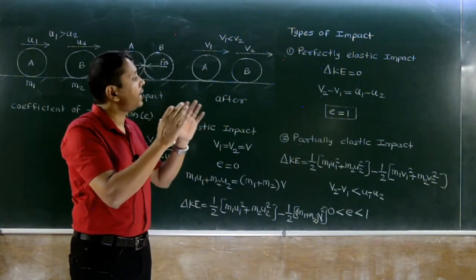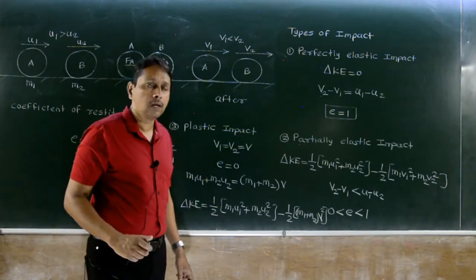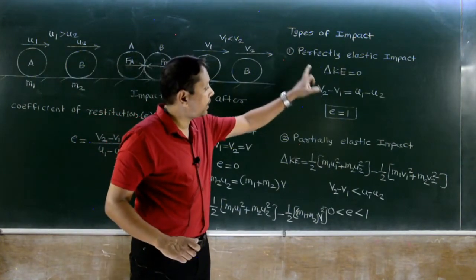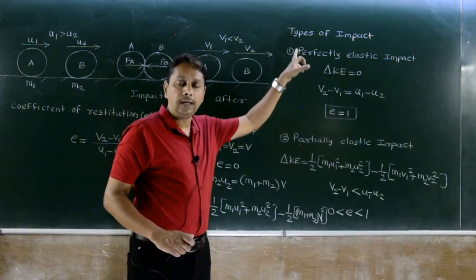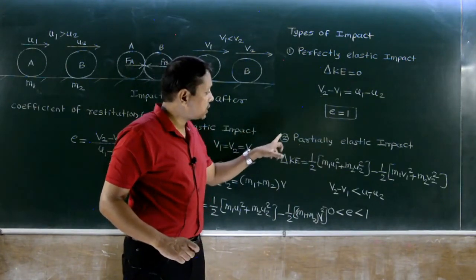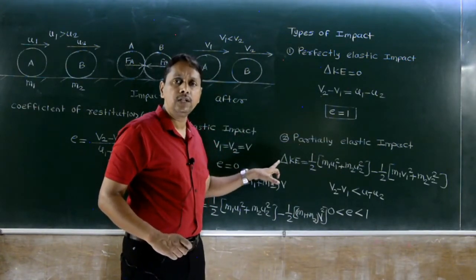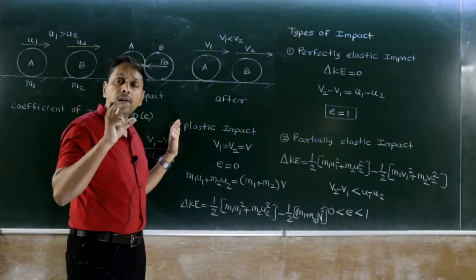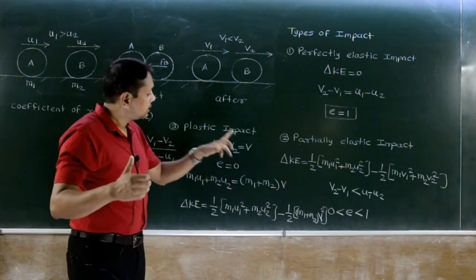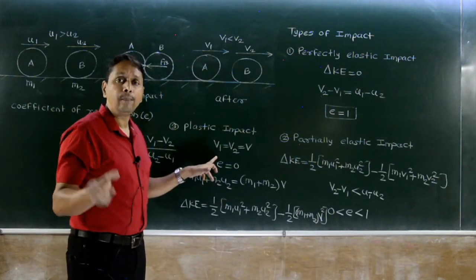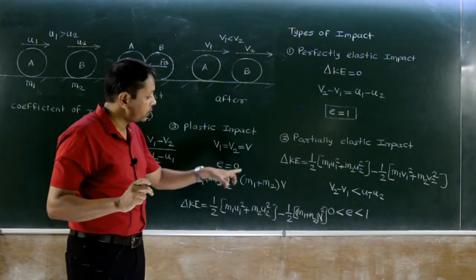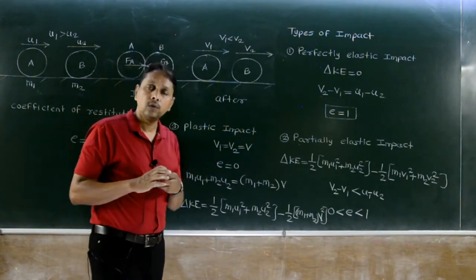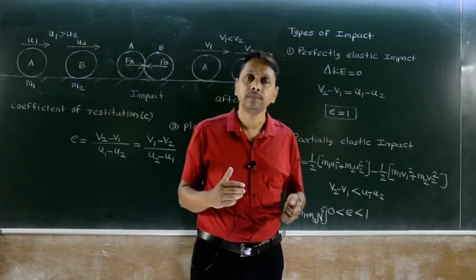So these are the three types of impact to solve numericals. For perfectly elastic impact, E equals 1 and delta K is 0. For partially elastic impact, there is loss in kinetic energy and E is between 0 and 1. And for plastic impact, after impact both bodies move with the same velocity, E is 0, and the problem is solved using the law of conservation of momentum only. So this is the theory of impact.